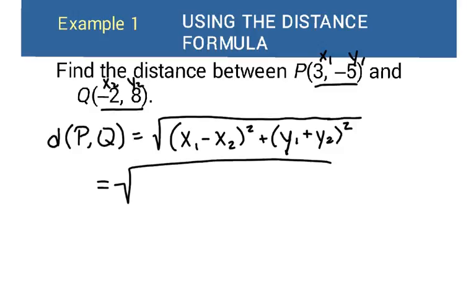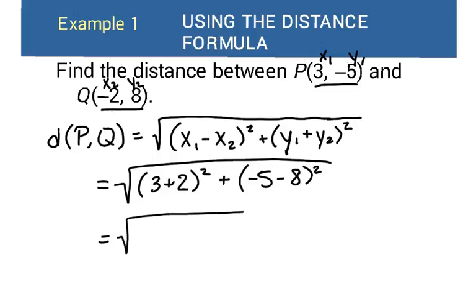Okay, so let's do that. We have a 3, and then a minus -2, so plus 2, and a -5 minus 8. Now we get 3 plus 2, that's 5, and square it, we get 25.